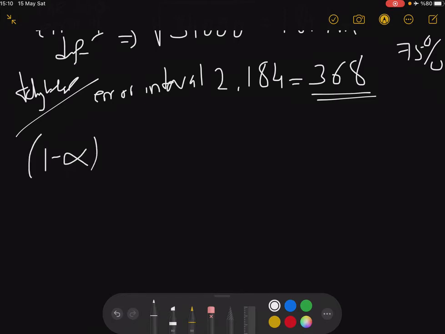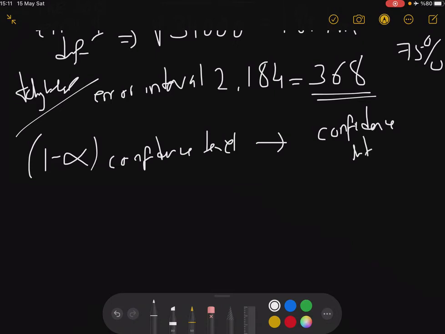But if we're trying to use our standard table for the normal distribution, we want to speak with a 1 minus alpha confidence level. Let's say that the confidence level is asked to be 0.99. And what should your alpha be here?